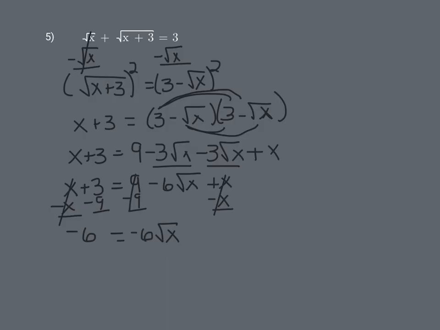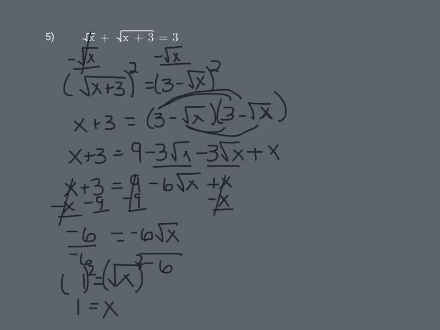I'm going to actually divide by negative 6. I'm just going to get rid of it. So if we divide both sides by negative 6, that leaves me with 1 equals radical x. Okay, and now the radical is isolated, so now we could square both sides of the equation. And when we do, it leaves me with 1 equals x.